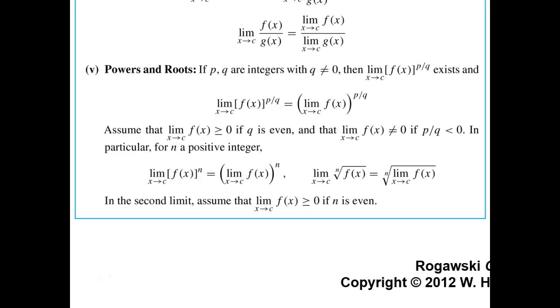Are you familiar with that notation? Raising a function or a number or anything to the 1 over q power. Anybody? That would be the qth root of whatever it is that's before that.